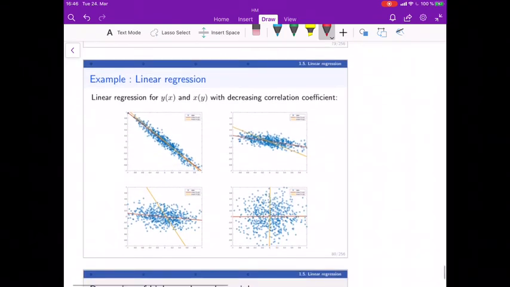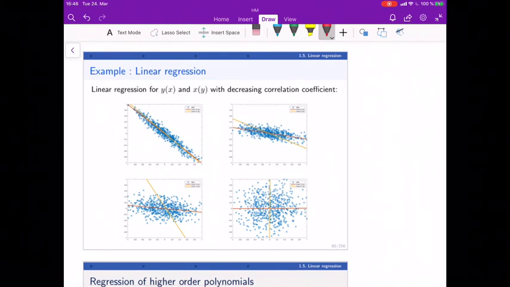Let's look at examples. So this is what it looks like if we use it for a large data set. You see the orange one is the version with y depending on x, and the yellow one here is x depending on y.